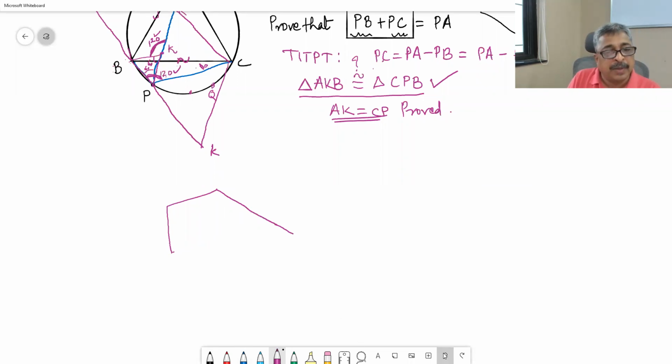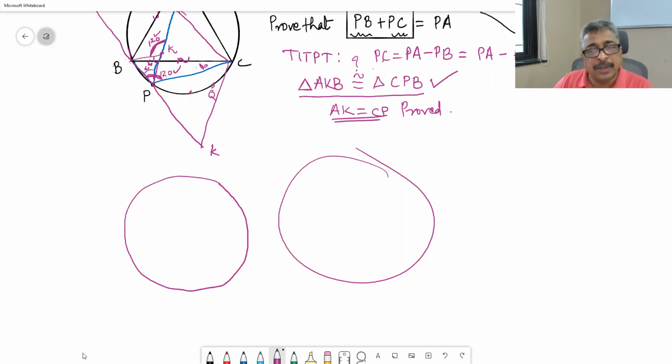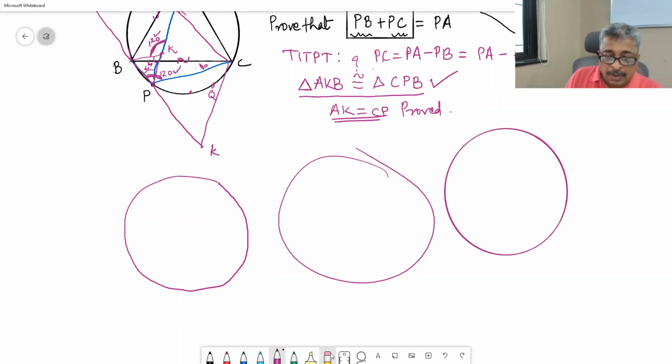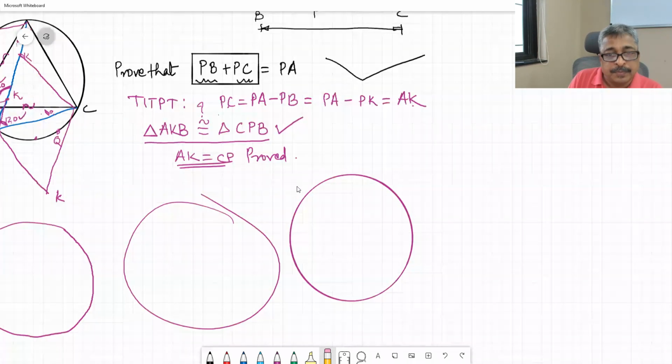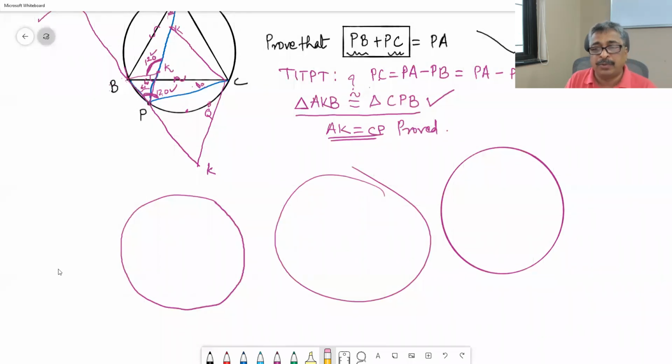Therefore, it is better to draw the circle and then draw the quadrilateral. I will have to practice more. Anyway, there is a cyclic quadrilateral.